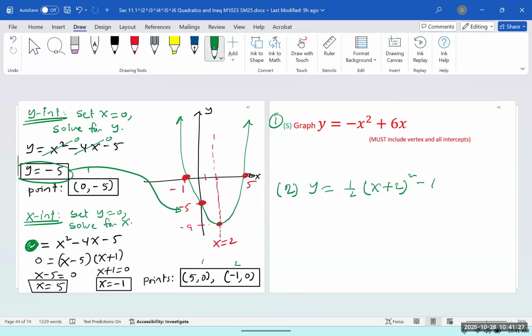Go ahead, try them. Let's try it. At least try it. Find the vertex, axis of symmetry, x-intercept, y-intercept, and then graph.